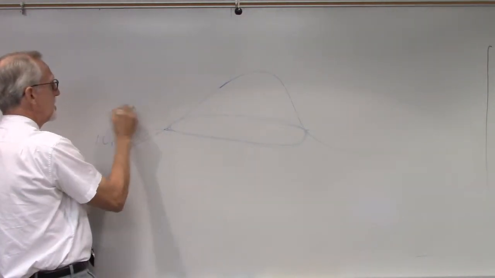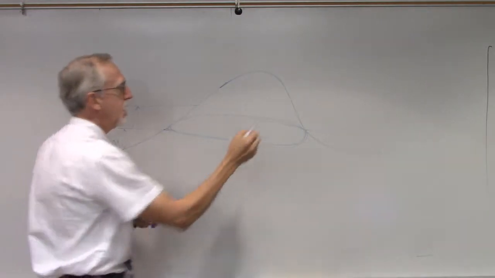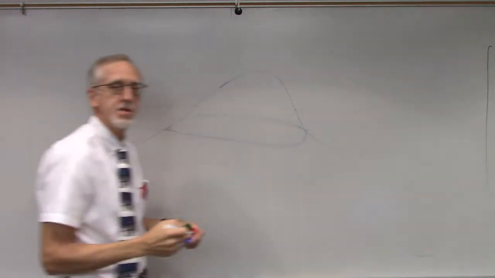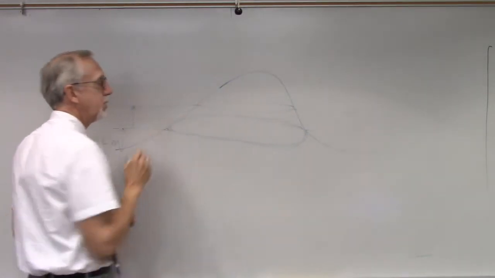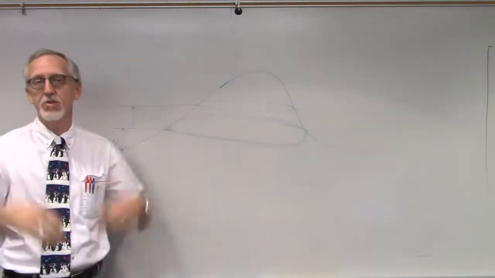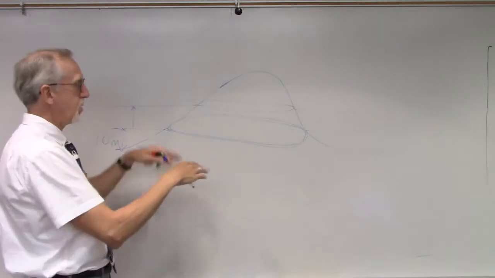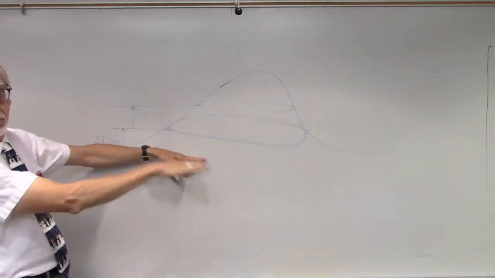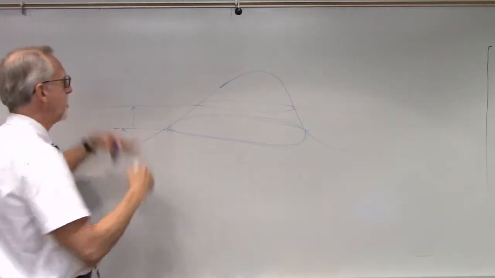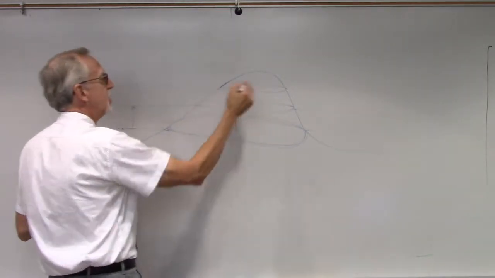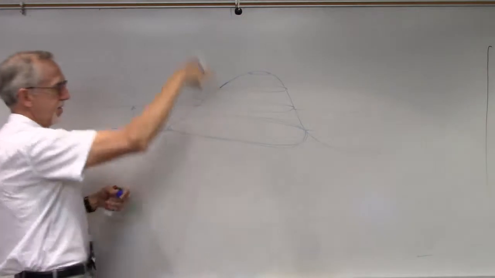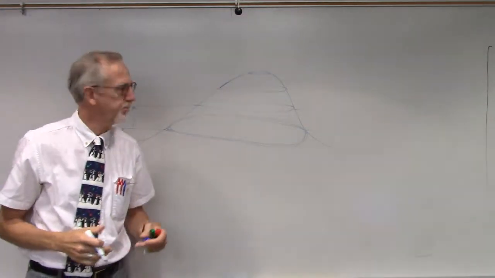Then we add in more water, another 10 meters. So we pour in 10 more meters of water. We get a new shoreline higher up on the mountain, now 20 meters above ground level around the exterior of the mountain. Then we put in another 10 meters of water, we get a new shoreline, another 10 meters of water, a new shoreline, and then finally the whole thing is submerged.